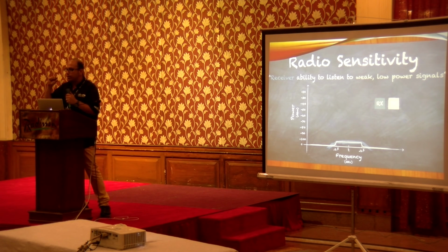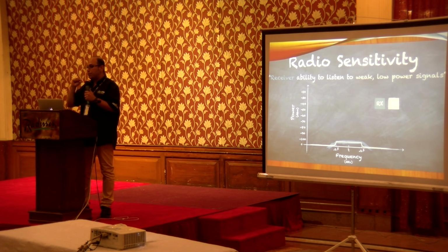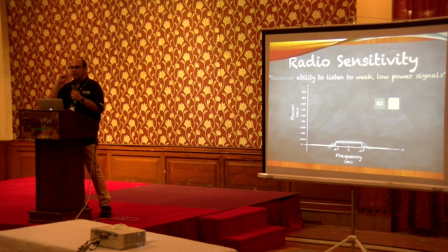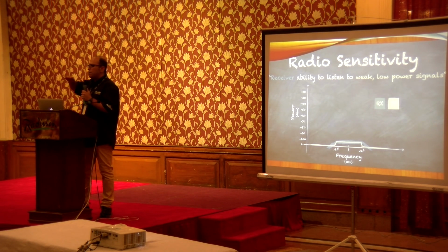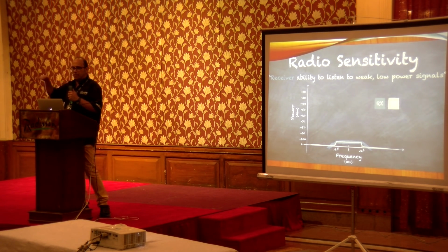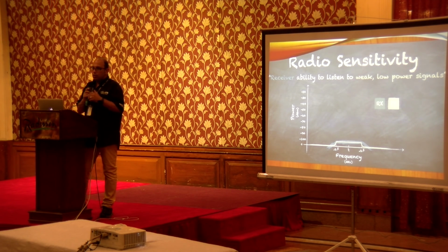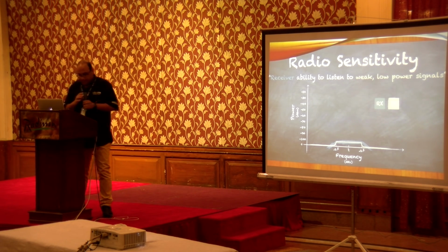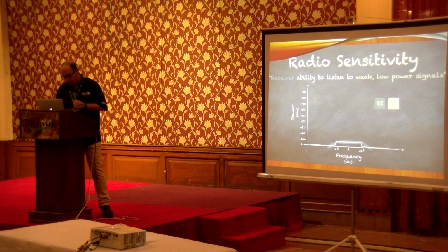This is a very low signal. Those who are familiar with wireless know that minus 90 is a very low signal. Actually, the amount of noise is minus 90, minus 100. So RX sensitivity shows how low a signal you can hear.